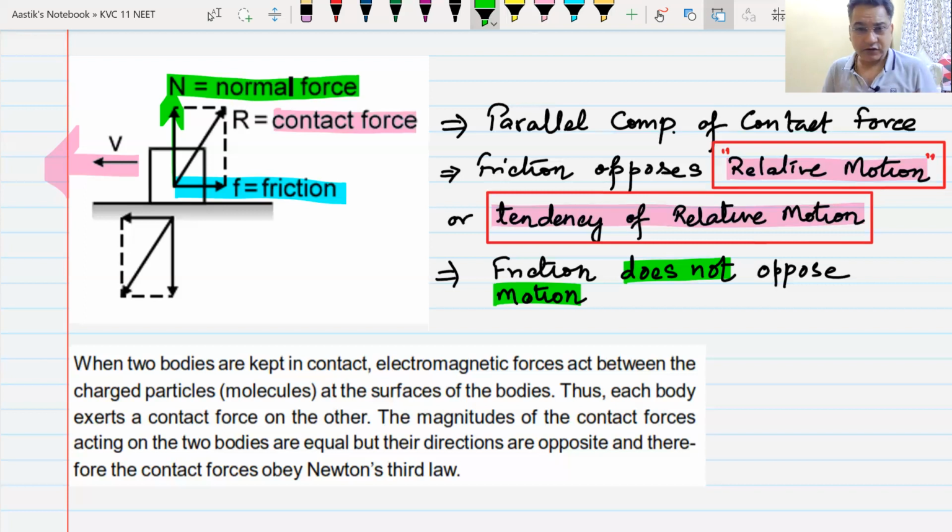Now, whenever we talk about friction, friction comes from the contact force. You can see the contact force. It is the parallel component of this contact force. So the next heading that we are going to write is known as the angle of friction.